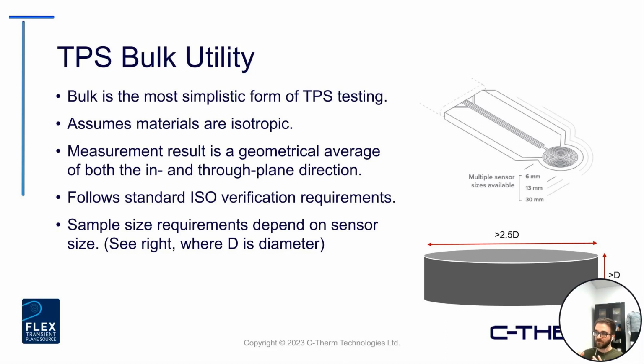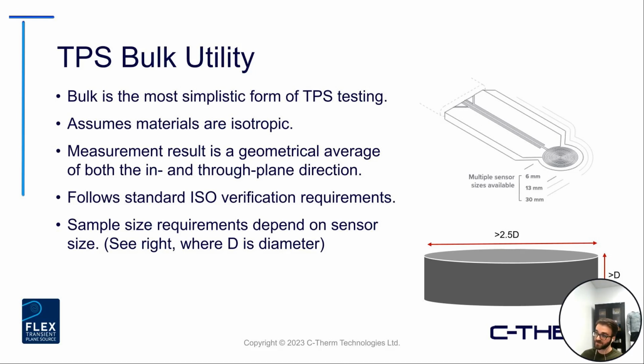Now, before I talk about thin films, I do just want to give a little bit of an intro to the entry-level mode of testing, which is your TPS bulk utility. So if you did ever need to test more macroscopic, bulk size materials, TPS is a really good option there. The bulk utility is geared towards these isotropic materials mainly, so just to flag that. The size of the sample that you need for the bulk mode of operation will scale based on the sensor size, as I mentioned.